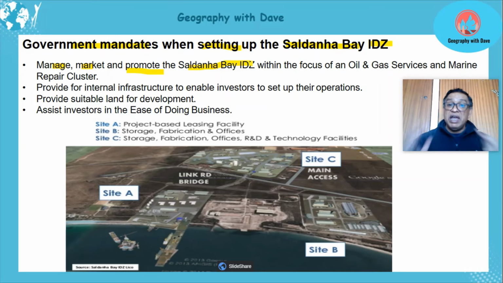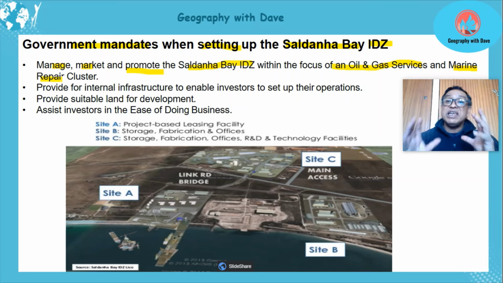They got involved in the management process of seeing the overall overview of how things are going. Is it going properly? What are the needs? You understand? Is the process flowing smoothly? Of course, with the main focus on oil, gas, and marine repair. Marine repair, that is the big thing.